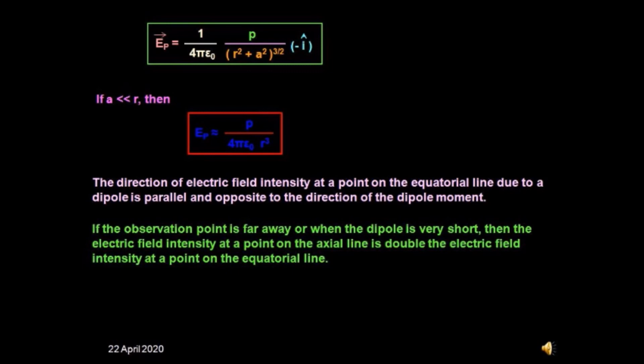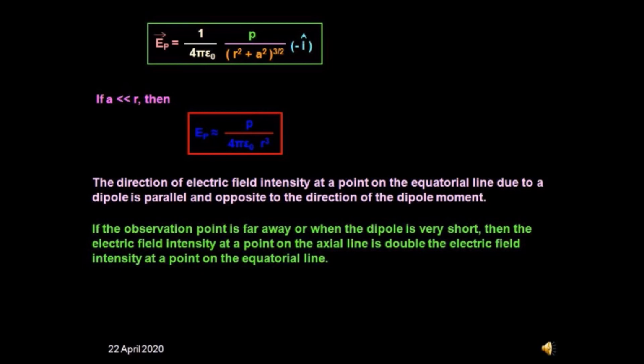So finally R cube will be left in the denominator after solving the power. In this way we have the final answer as minus P upon 4 pi epsilon 0 R cube. So minus Kp upon R cube is the final answer.